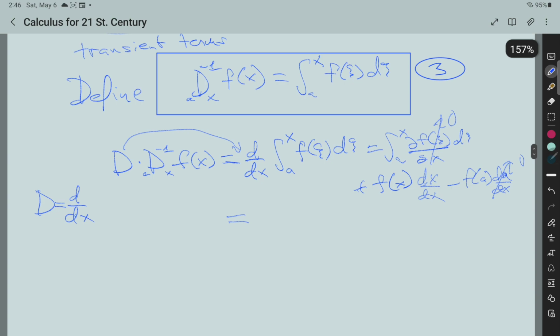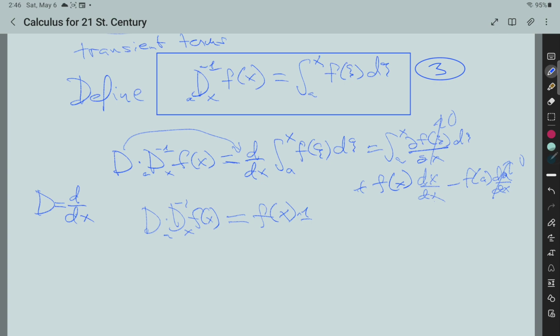So then what you have is d times d to the minus 1 from a to x of f of x is equal to just f of x. dx by dx is just 1. So these two, d to the minus 1, which is the integral, is a right inverse to d.